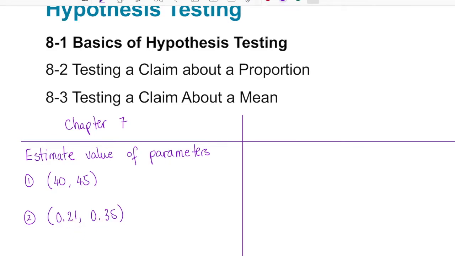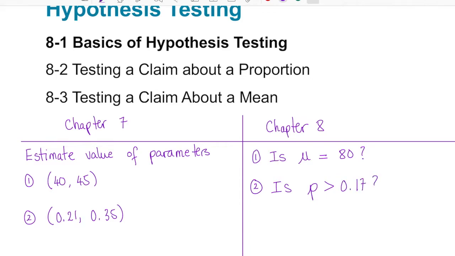In this chapter, instead of estimating the values, we are trying to answer the questions. Is mu equal to 80? Or is p greater than 0.17?